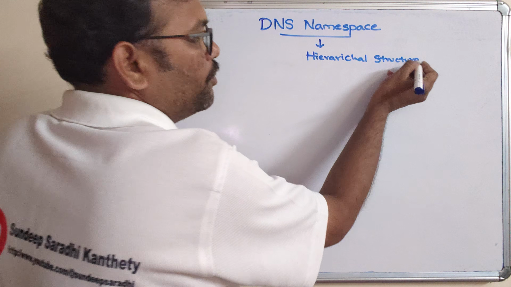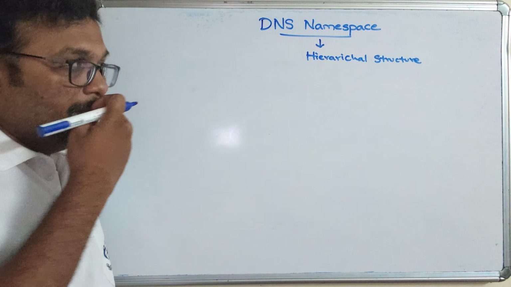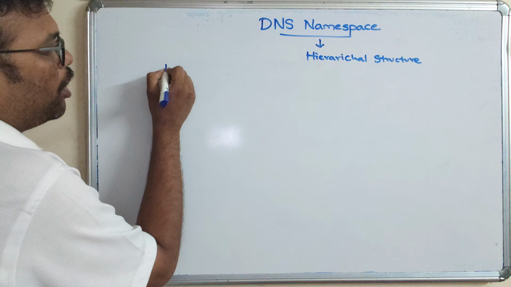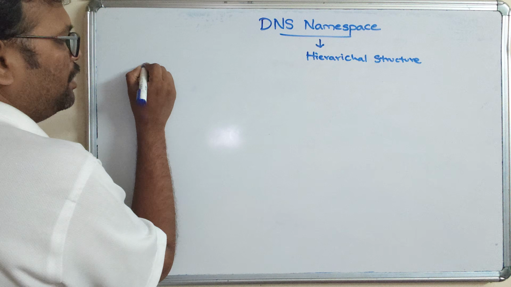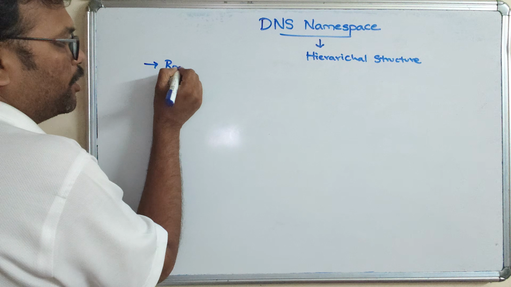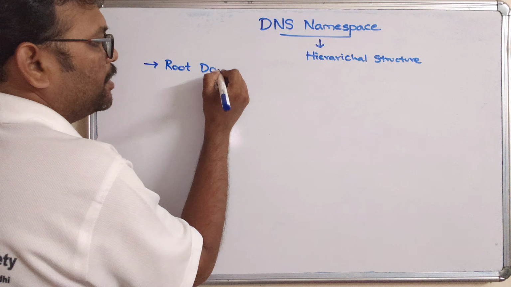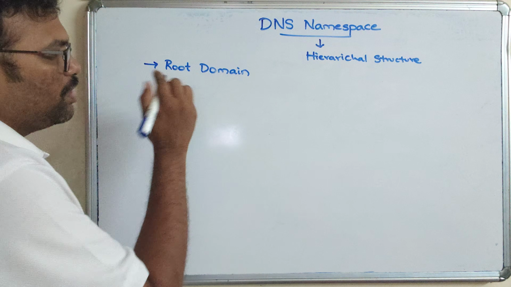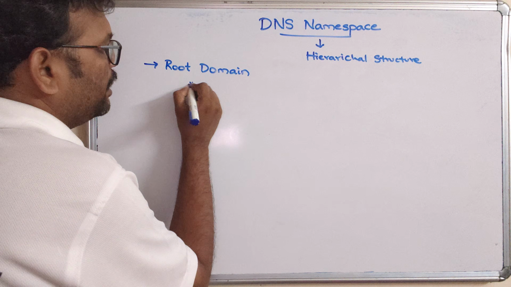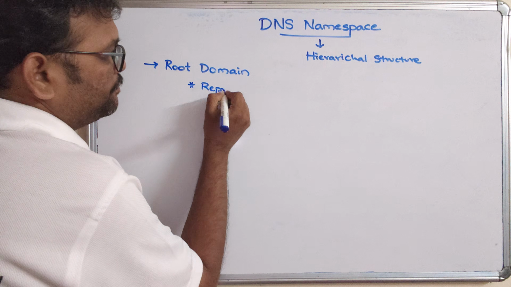Okay, so you know what a hierarchical structure is, right? The first level is the root domain. This is the highest level, the topmost, the root level, and it is usually represented with a dot.